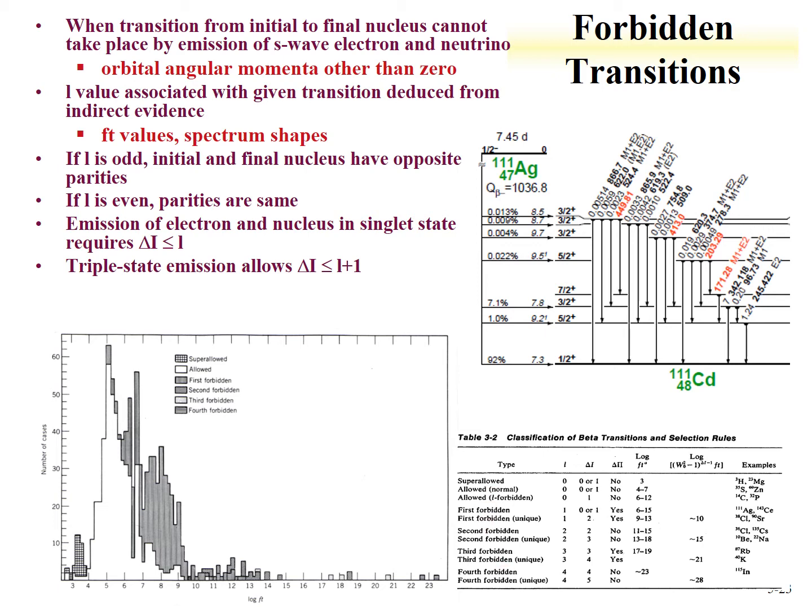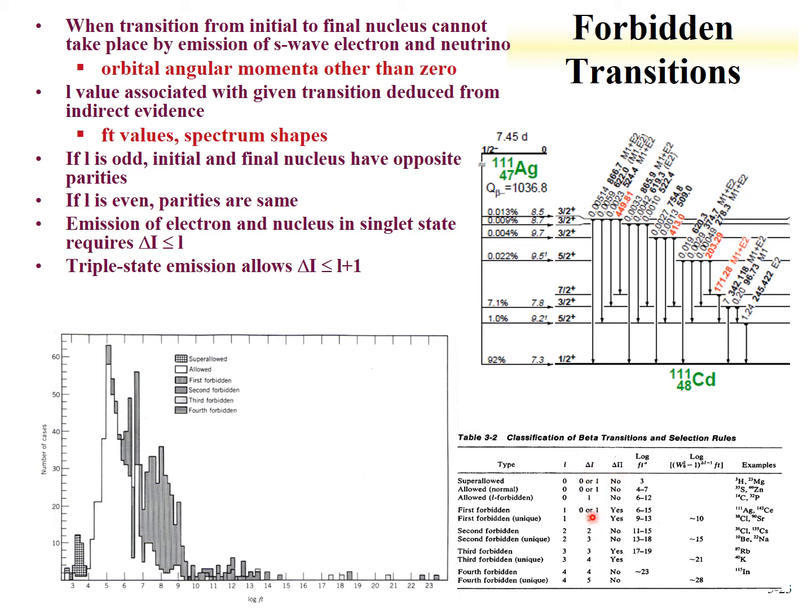If you remember, when we calculated the log ft value for the beta decay of bismuth-213, it fell in this range for first forbidden transitions. What we see with some of these trends is that the degree of forbiddenness is related to whether or not we have a spin change, this delta I, of 1 or 0, along with a parity change.